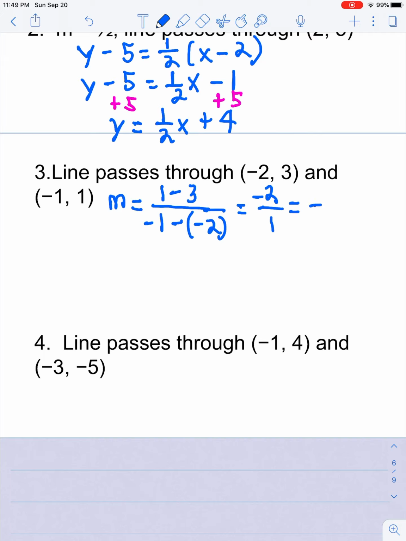Oops. There we go. So now I just plug in. Now, it doesn't matter which point I use. I can use either point. I'll pick this point just because the numbers are smaller. So I'm going to have y minus the y-coordinate of 1 equals the slope -2 times x.